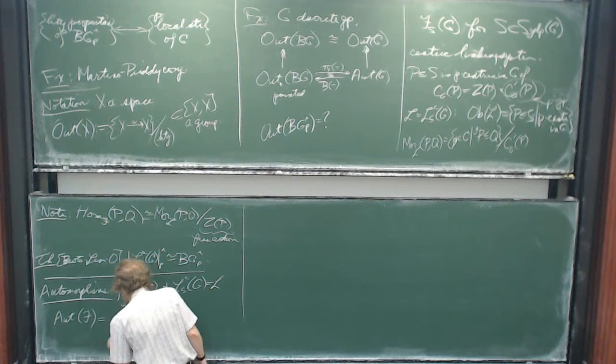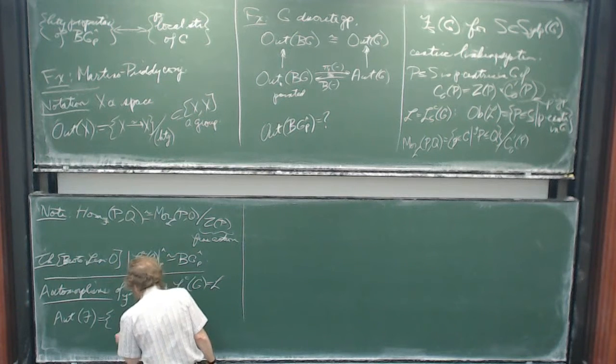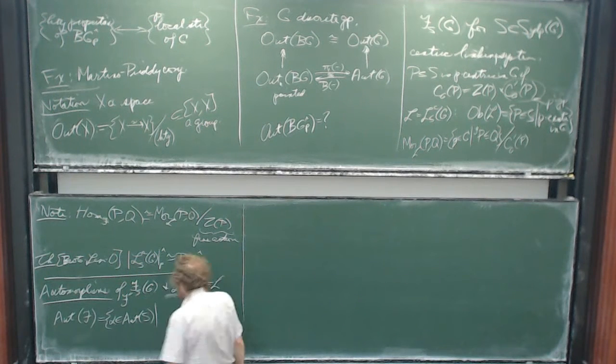So Aut of F is the set of alpha in Aut of S, automorphisms of S that preserve the fusion.